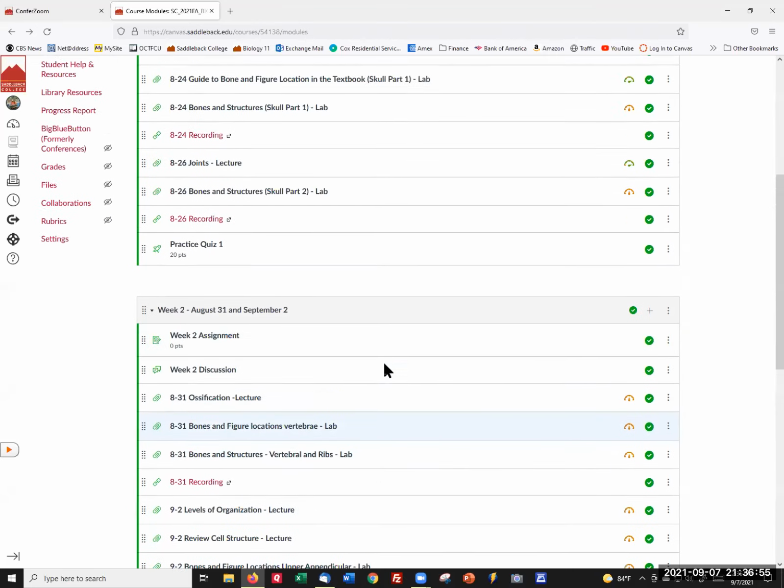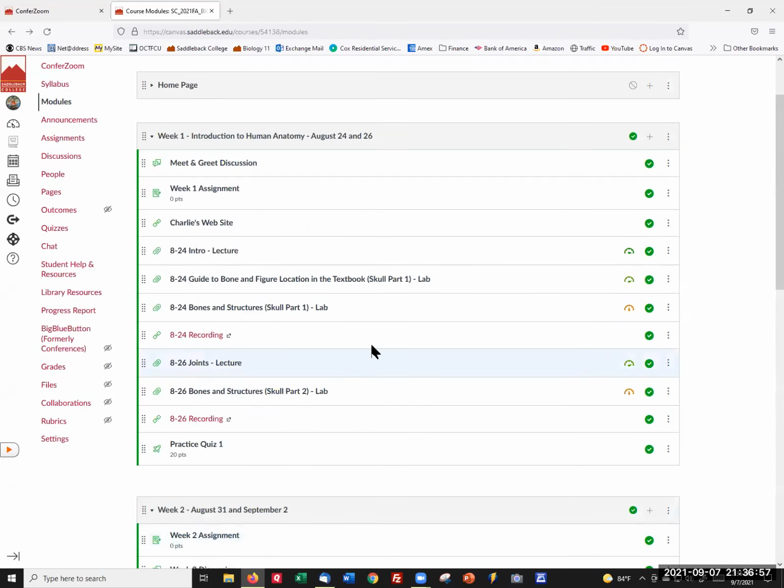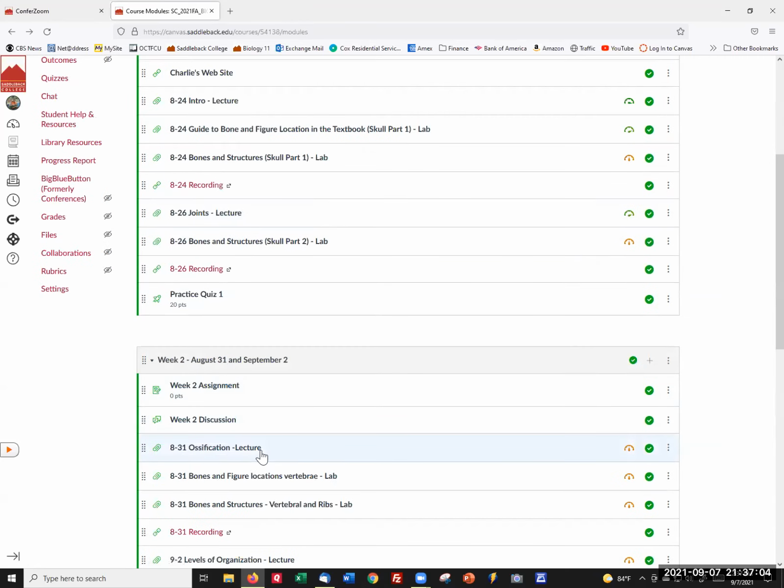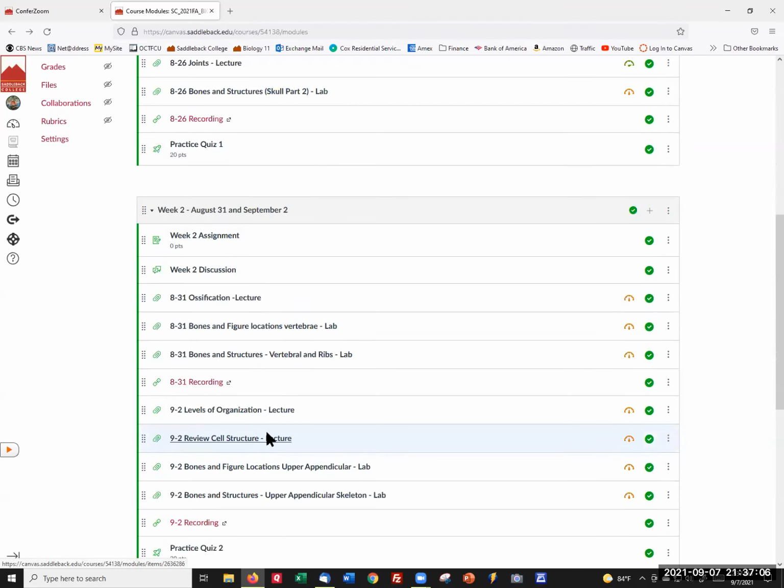So things like, for instance, here on the screen, where it says intro lecture, joints lecture, ossification lecture, levels of organization and review of cell structure. You need to know these notes so well that you can recite them backwards and forwards. There's not that many. It's not like reading a huge book.